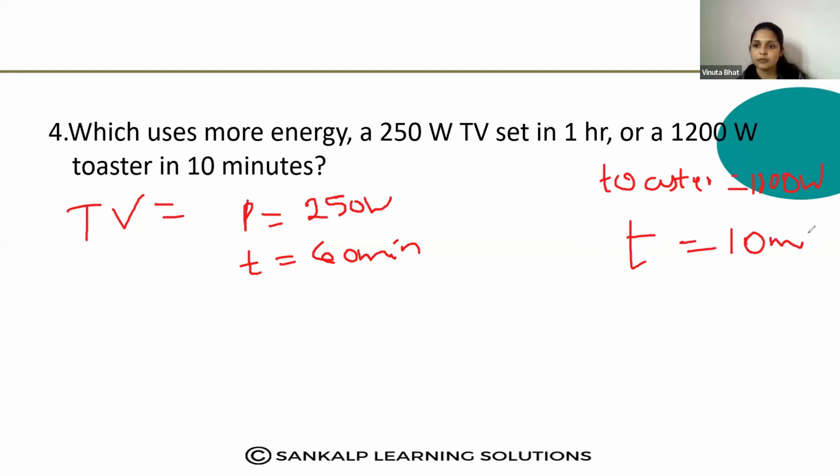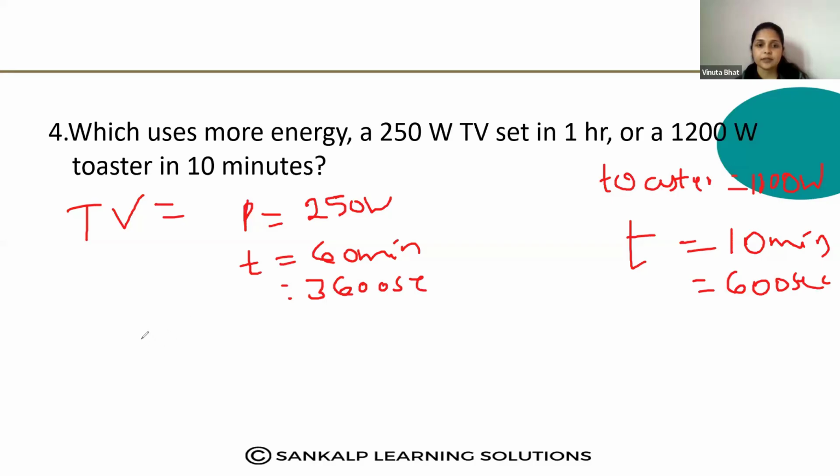I will convert the minutes into seconds. So this will be 600 seconds. For 1 minute, 60 seconds, 60 into 10. So 60 minutes means 60 into 60, that is 3600 seconds. Okay. Then find out the energy consumed, which consumes the more energy.